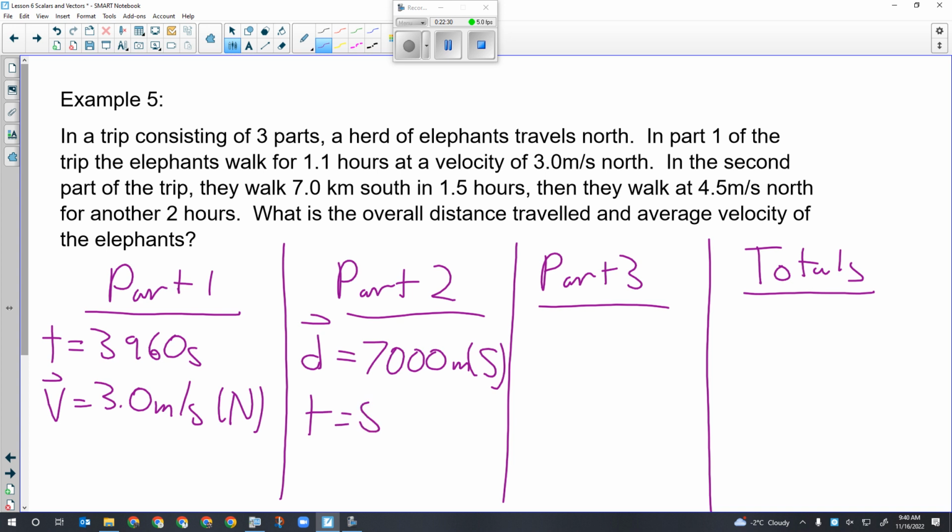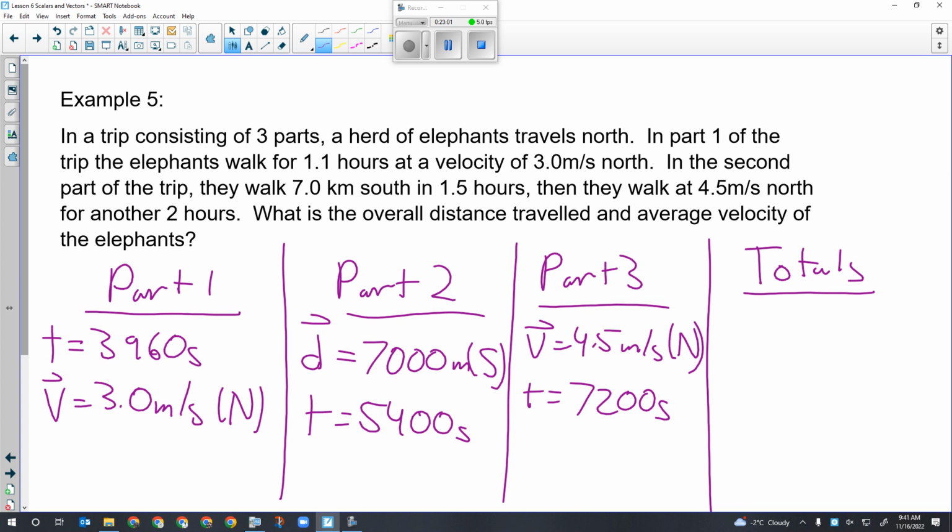That should be 5,400 seconds, yes? And 3,600 times 1.5 is 5,400 seconds. Okay, and then in part 3, they walk at 4.5 meters per second north for another 2 hours. Okay, well, 2 times 3,600 should be 7,200 seconds. All right, now everything is in meters and seconds.